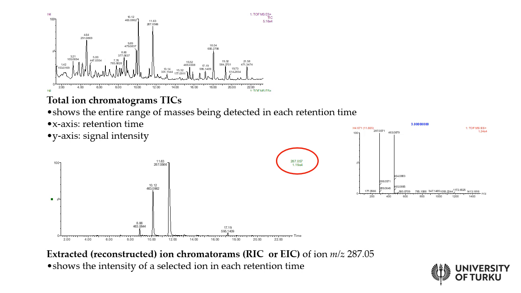So for example here, the ion 287 is chosen and taken the extracted ion chromatogram. So now with the extracted ion chromatogram, I can look at this individual compound, how it is eluting.